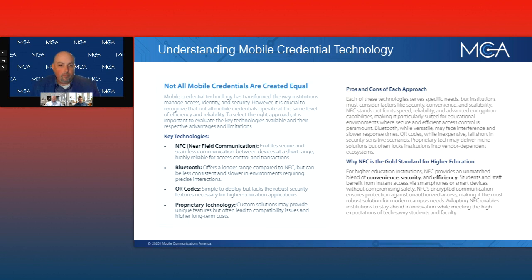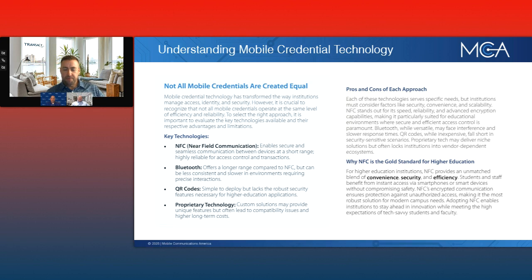Thank you, Drew. I think it's important when we're talking mobile credentials to fully understand the different types of credentials out there. As you mentioned, there are multiple technologies. There's Bluetooth mobile credentials. There's QR codes and barcodes that are classified as mobile credentials. There's other proprietary technology out there classified as a mobile credential.